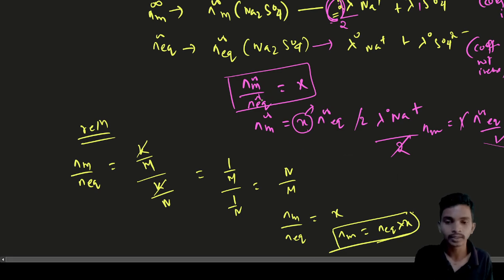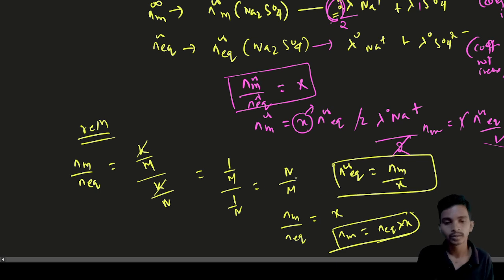So if you are finding molar equivalent conductance from the molar conductance value, molar equivalent conductance is equal to molar conductance upon x. That's why, when you put in molar conductance values, the x factor gets divided and cancelled. I think that is clear.